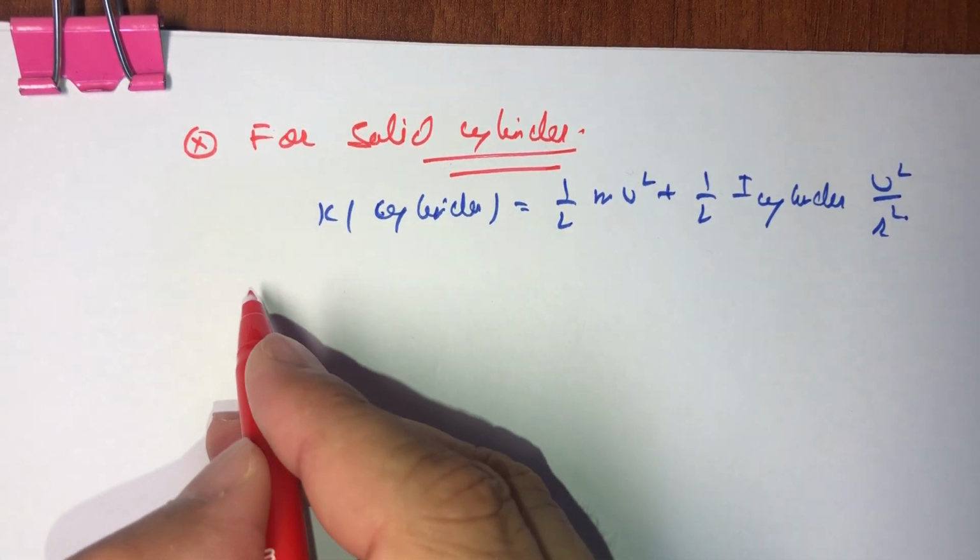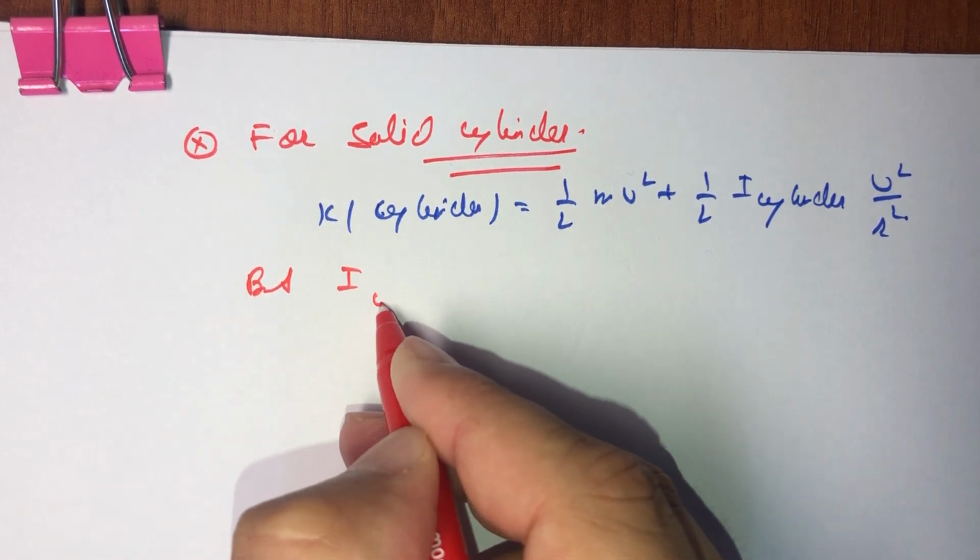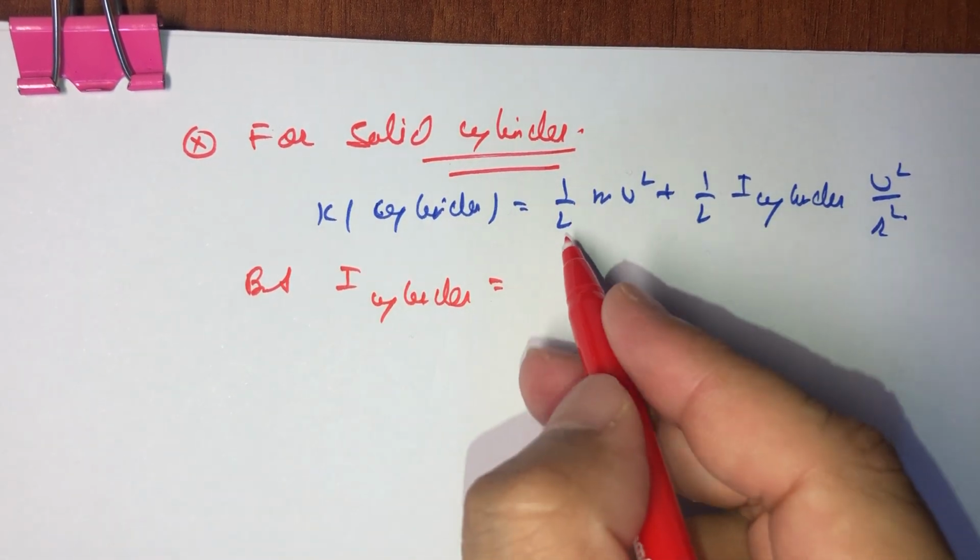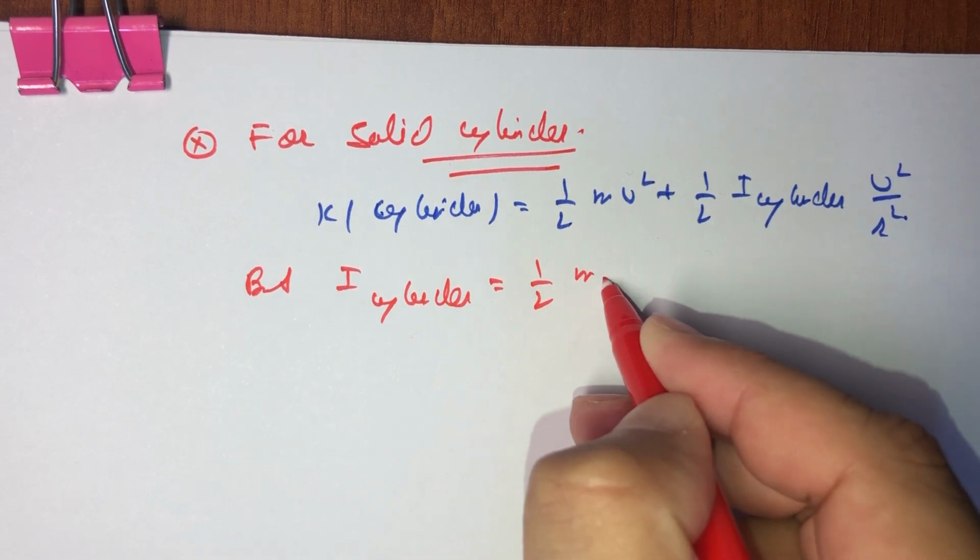Moment of inertia of the cylinder we already know, I cylinder is equal to half m r squared.